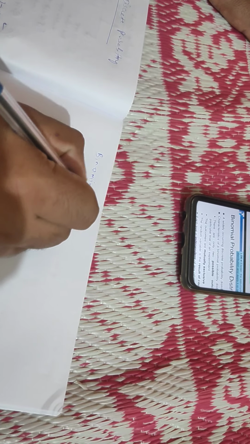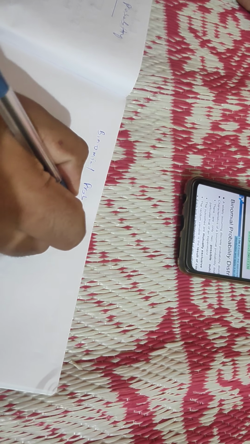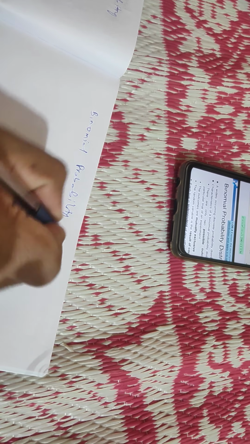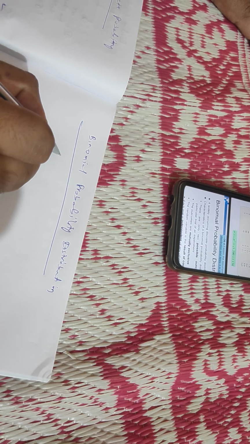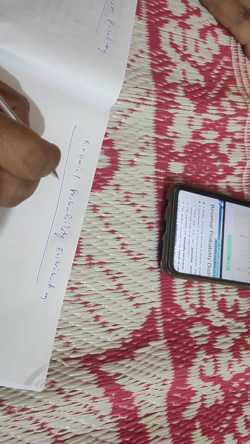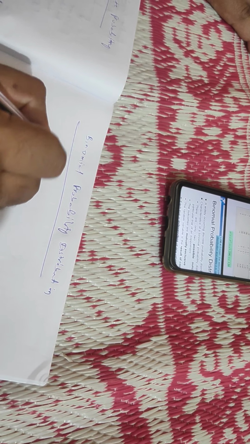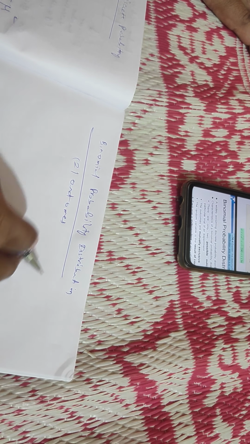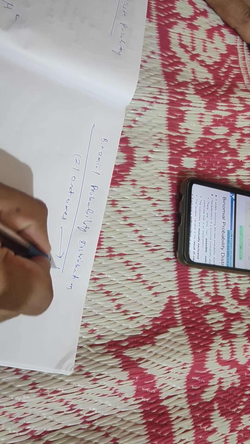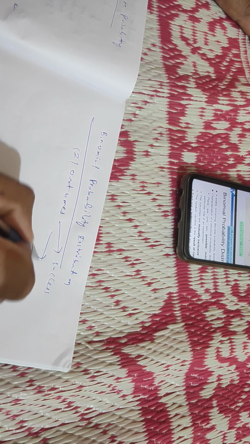Got it? Binomial probability distribution. For a binomial probability distribution, there should be only two outcomes. There are certain rules. You should have only two outcomes, which are success and failure.